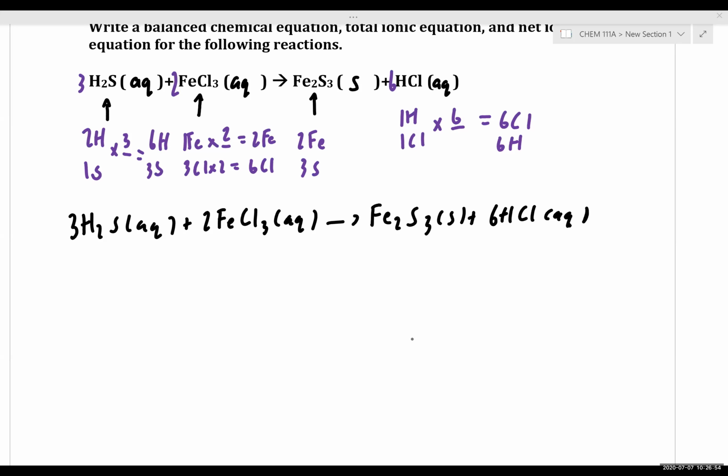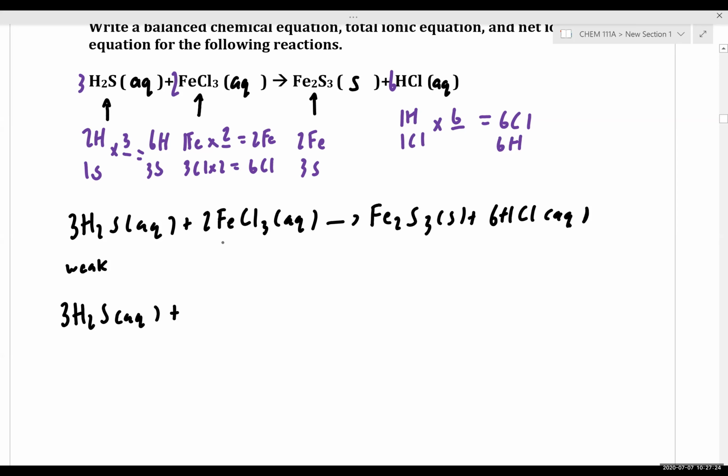First and foremost, as we've alluded to in our discussion, hydrosulfuric acid is a weak acid, and we do not dissociate weak acids and bases. Even though they generate a small amount of ions in solution, for the purposes of net ionic equations, we see mainly molecules in solution. Looking at iron 3 chloride, do we dissociate iron 3 chloride?